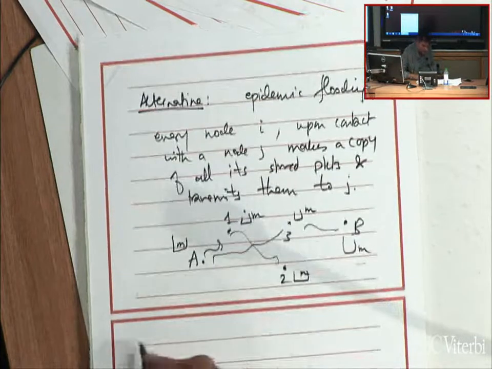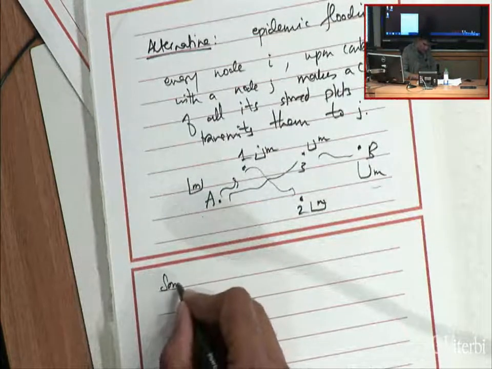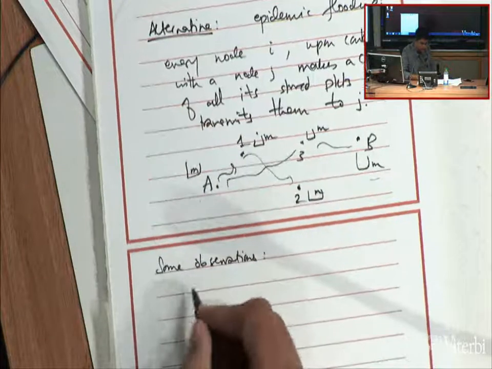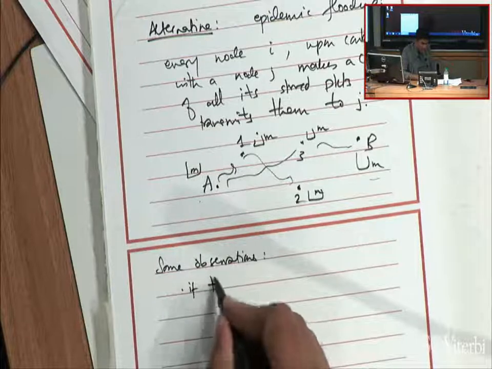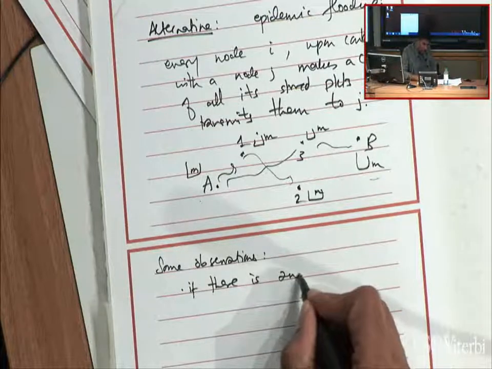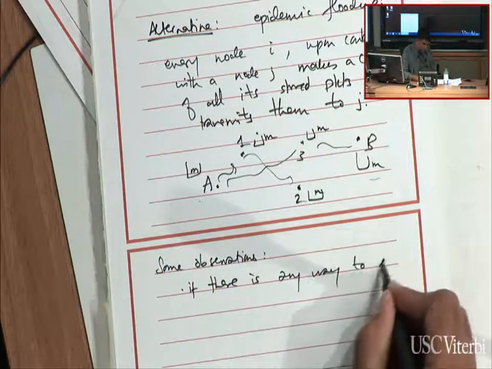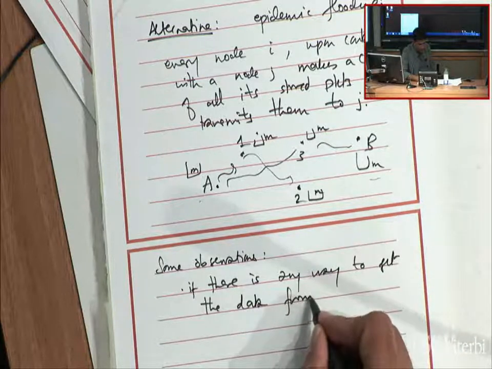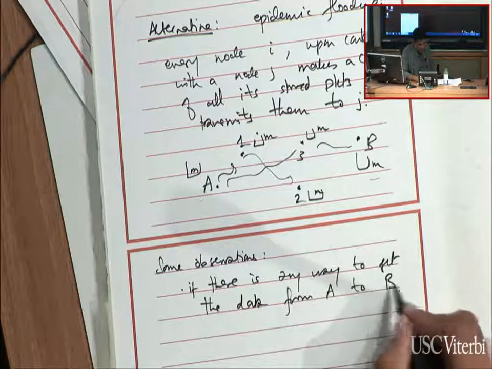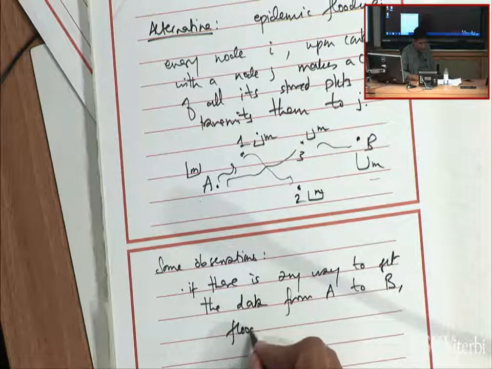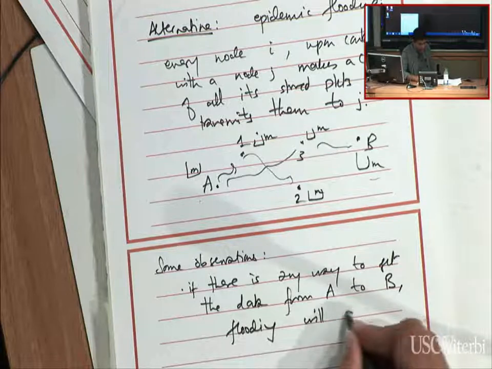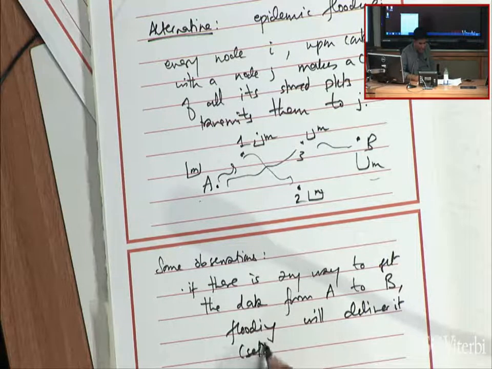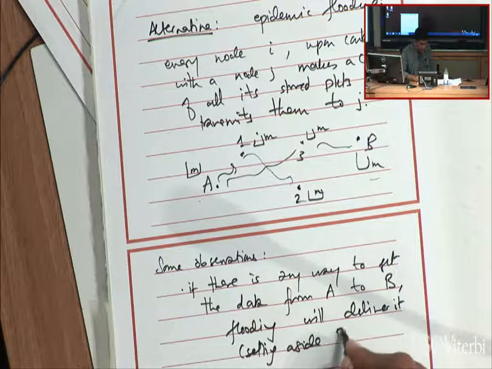So some observations. First of all, if there is any way to get the data from A to B, flooding will deliver it, setting aside bandwidth limits.